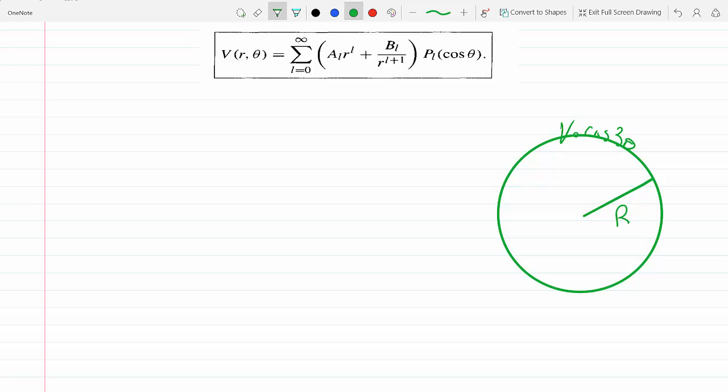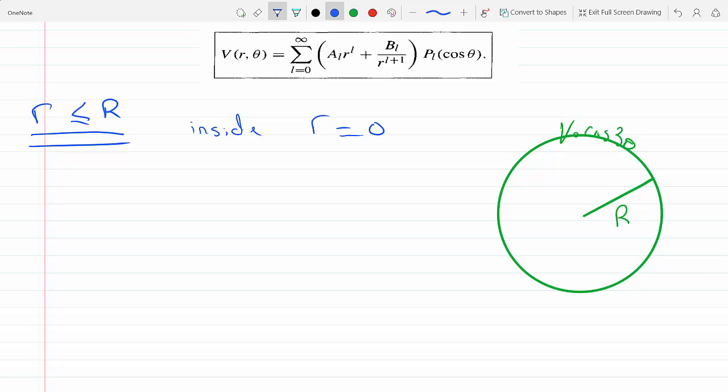Let's first take the case where we're inside the sphere, so r is less than or equal to R. Now think about it. If we're inside, you don't want r to go to 0, because at r equals 0 the potential will blow up. Anything over 0 is infinity.